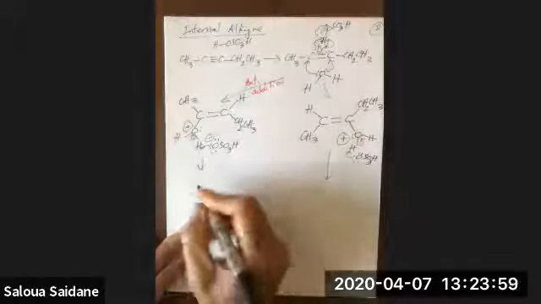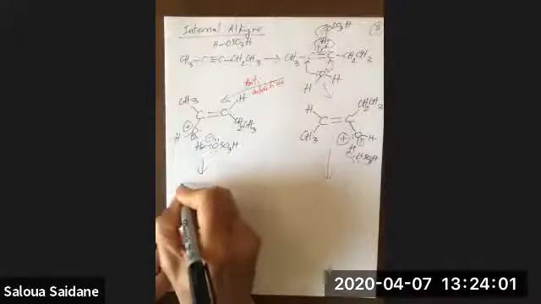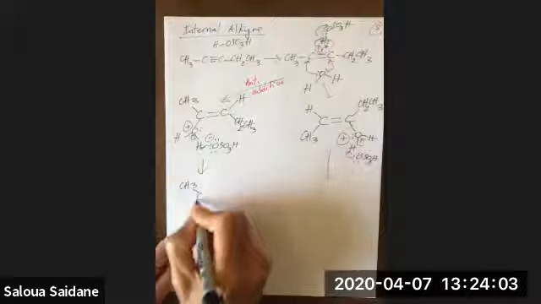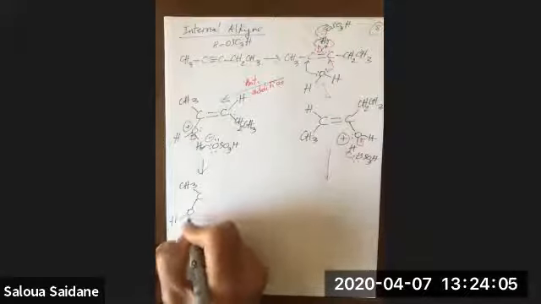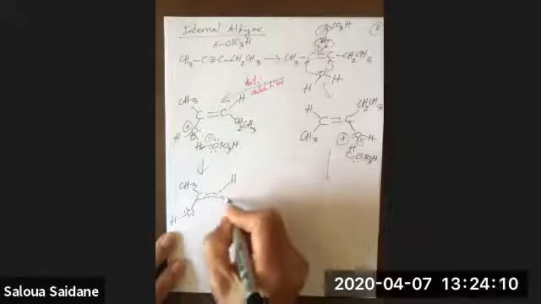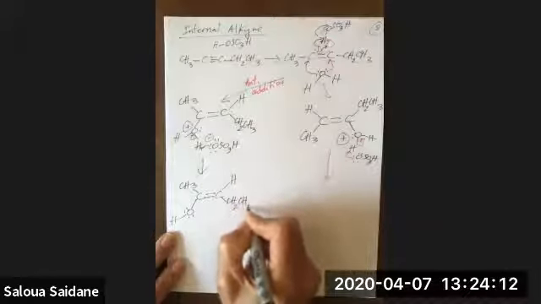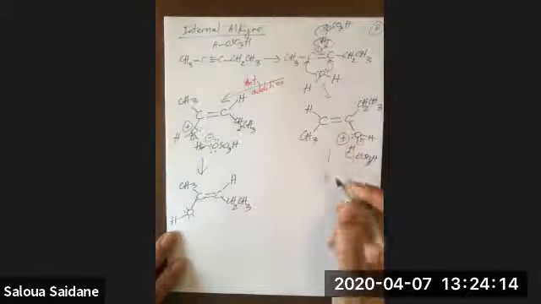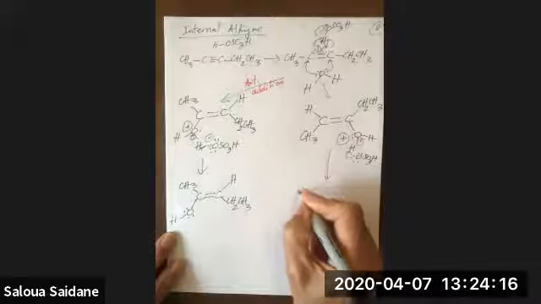So on the green side, we have this enol, and on the pink side, we're going to have this enol.